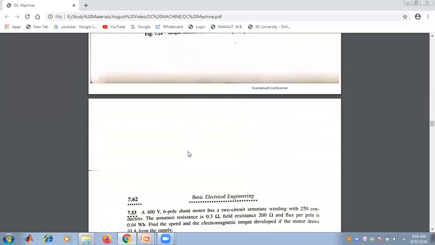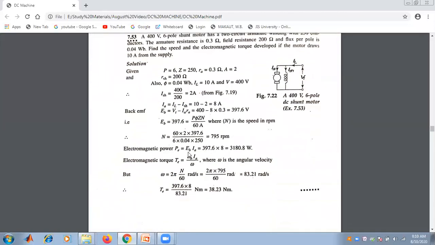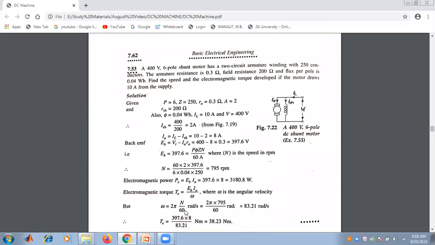So let us take an example of what we have learned from the torque equation, the formation of the torque. Let a 400 volt 6 pole shunt motor, where the field winding is connected in parallel with the armature, have a two circuit armature winding with 250 conductors.